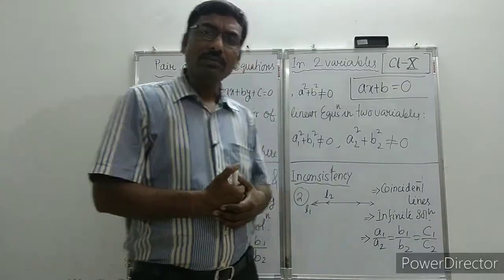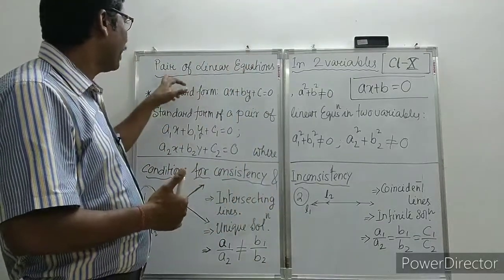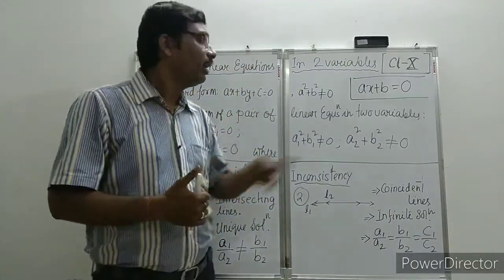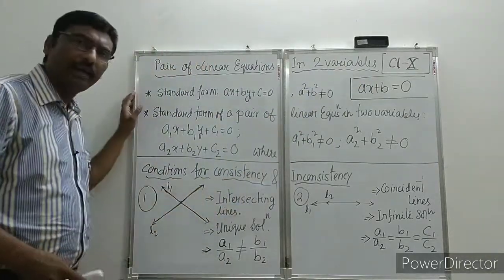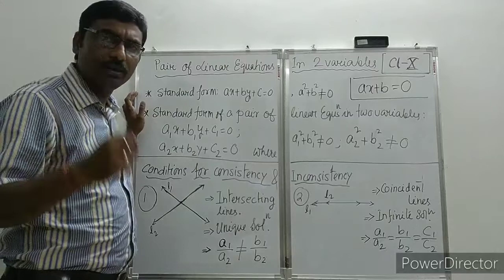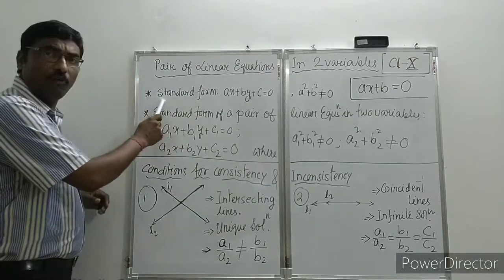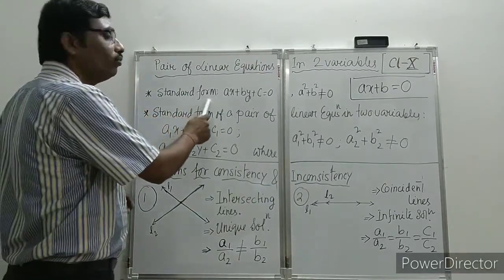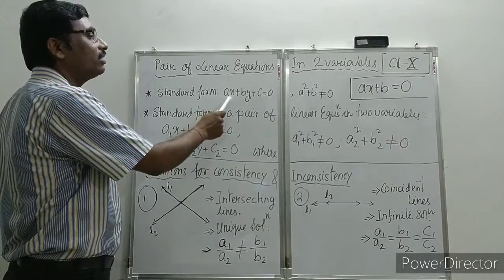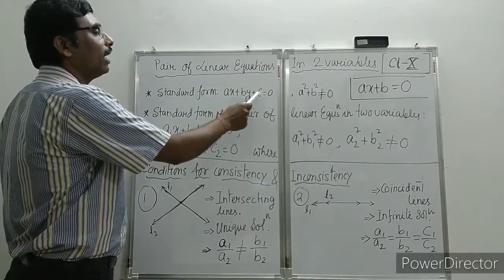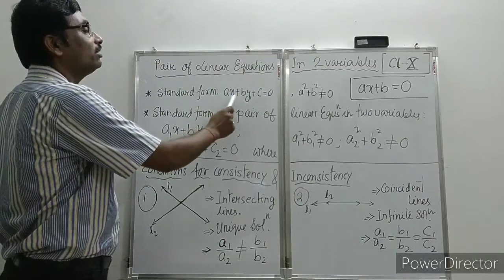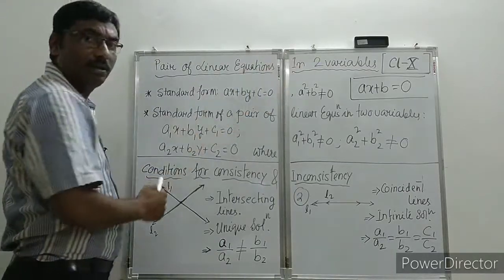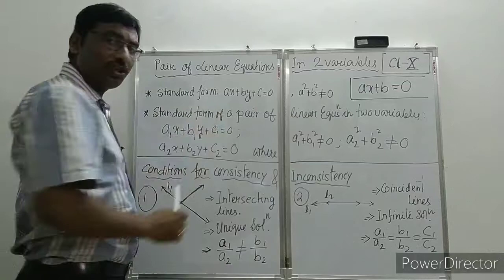Now we come to the pair of linear equations in two variables. First, we get a linear equation in two variables. The standard form is ax plus by plus c equal to 0, where x and y are the variables, that's why it is called two variables, and a, b, c are constants.